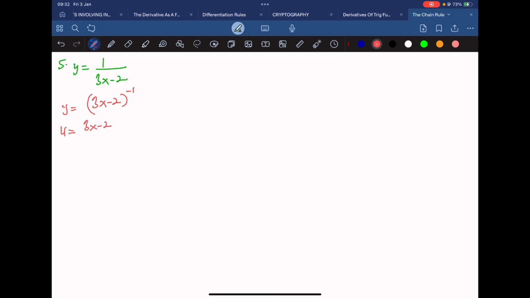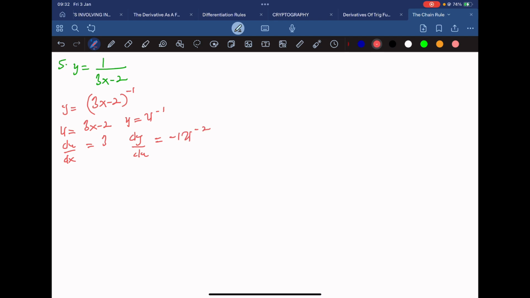Then we can have y equal to u to the exponent of negative 1. So if we differentiate u with respect to x, we just have 3, and dy/du, remember, if you are differentiating using the power rule, the exponent comes down, you subtract 1 from the exponent, so you have this.